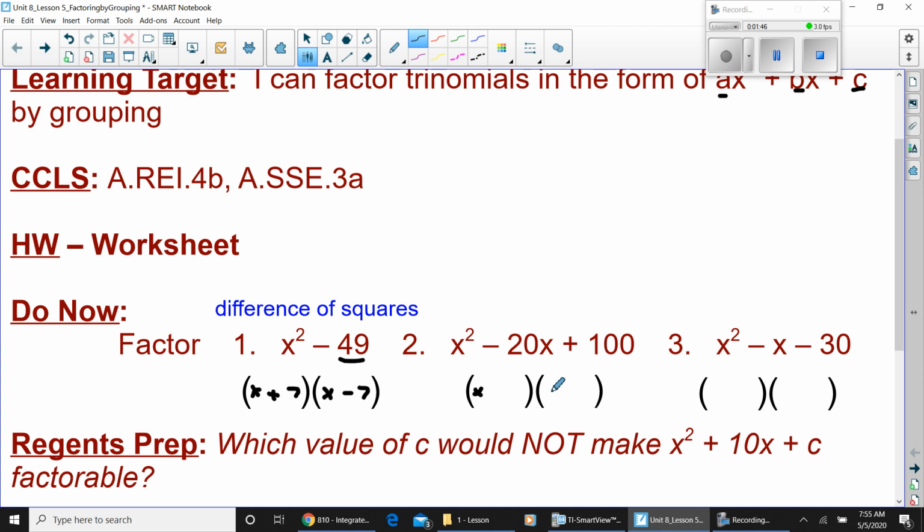Number 2 is not the difference of squares. You notice that there's an a, b, and c. So you have to go through what factors you can multiply to 100 and then add or subtract to 20.